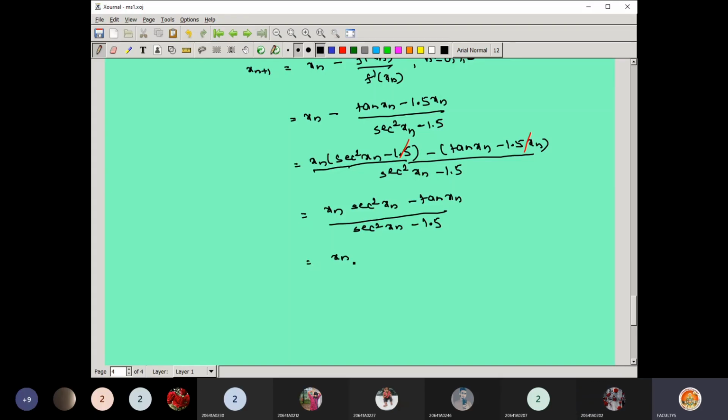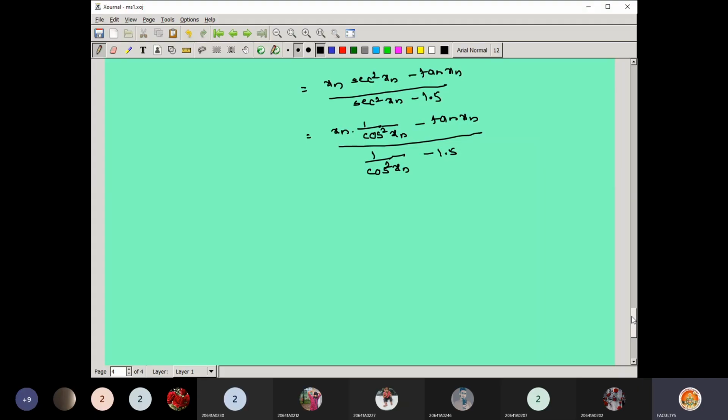We can take secant as 1 divided by cos square x n, because there is no direct button. So I can write tan x n because the tan symbol is there, total divided by 1 divided by cos square x n minus 1.5. Because the button is not available, you are just making the simplification.